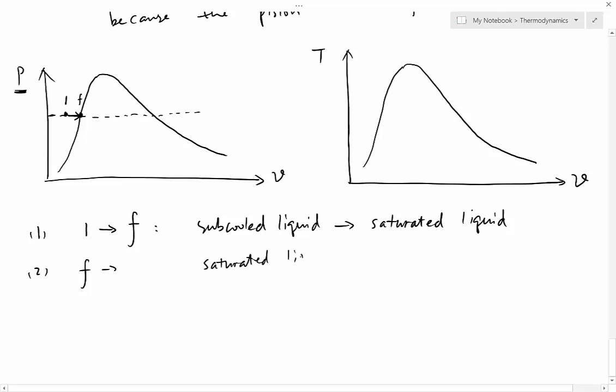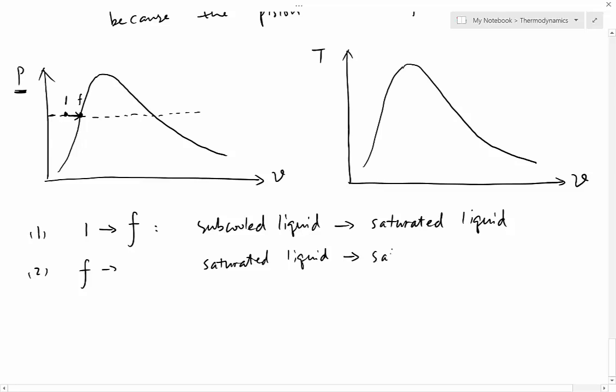So we start from saturated liquid, and then you continue giving it heat, meaning you're going to have more and more vapor. After a while, you won't have any liquid left. You only have vapor. So that's the end of a phase change from liquid to vapor. It has a name, do you remember?